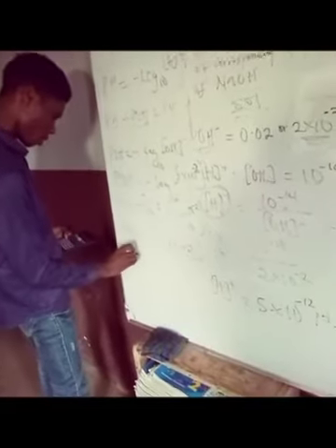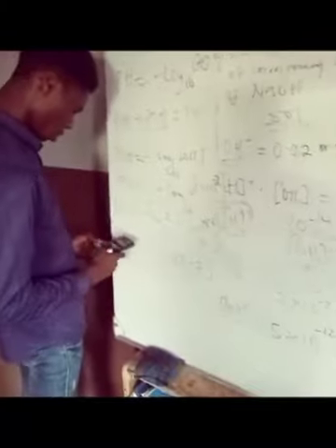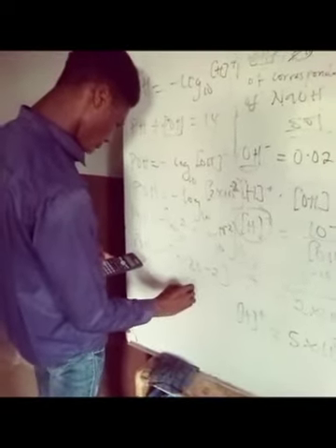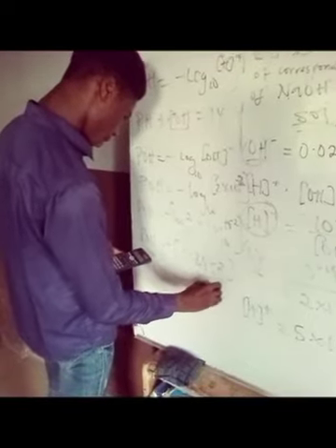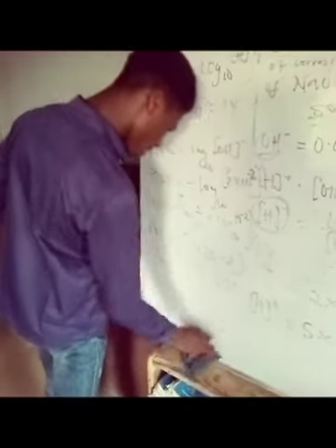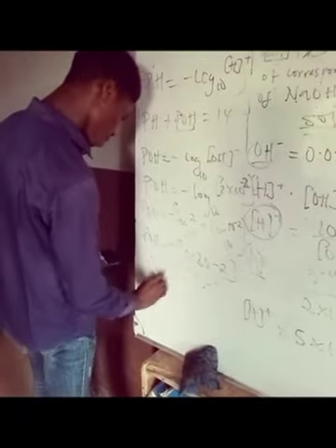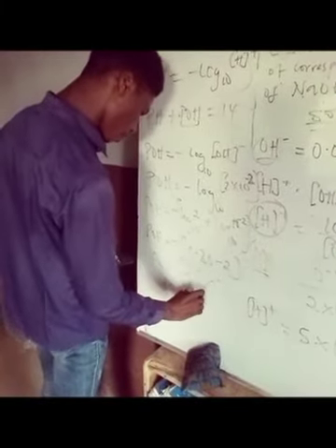Then we have pOH equals minus bracket open minus 1.6989, which is approximately 1.7. So then pOH equals 1.7.